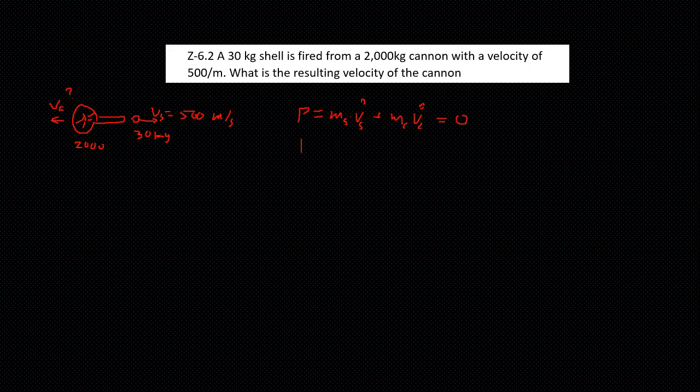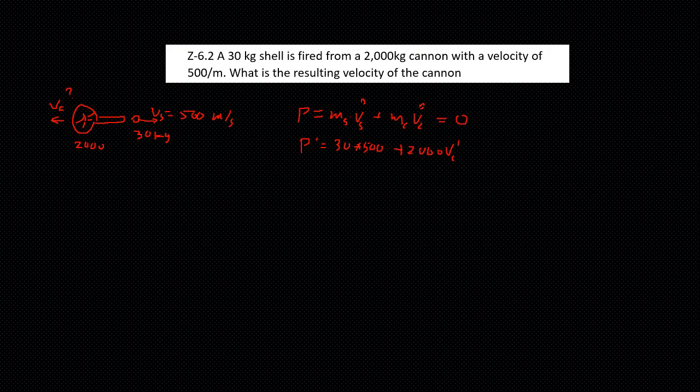After the collision, usually we call it prime. You will have the shell momentum, 30 times its very fast speed, 500, plus the cannon, 2000, very heavy, times its new speed, V cannon prime, which is what we want to know.